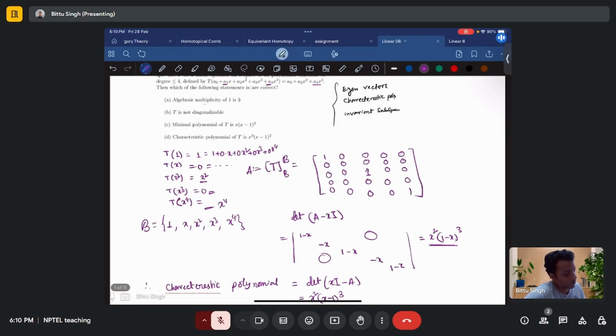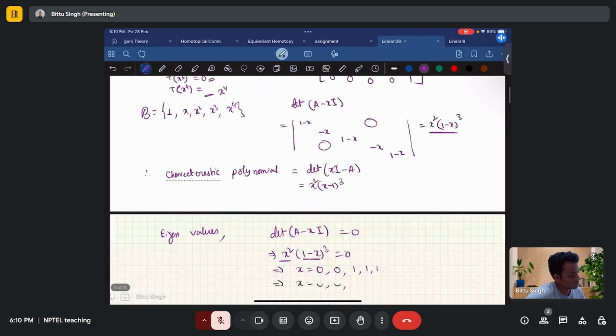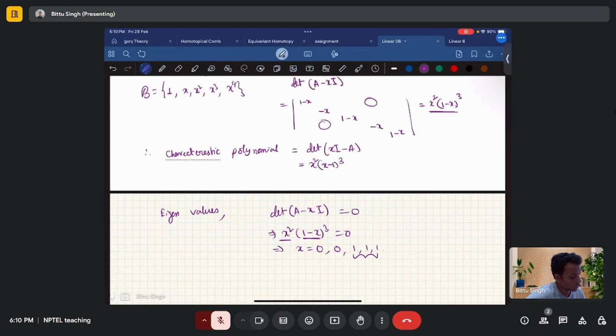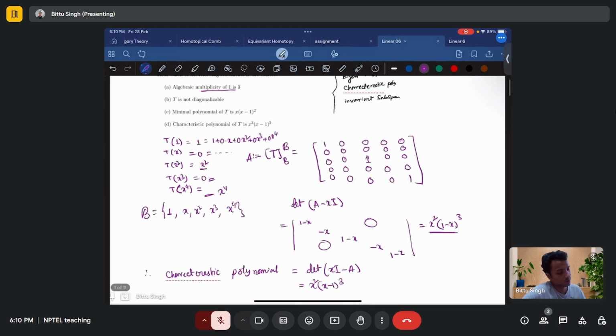Now we can see that 1 occurs 3 times. So this is called the algebraic multiplicity. The algebraic multiplicity of 1 is 3, because it occurs 3 times. Okay, so this is correct.